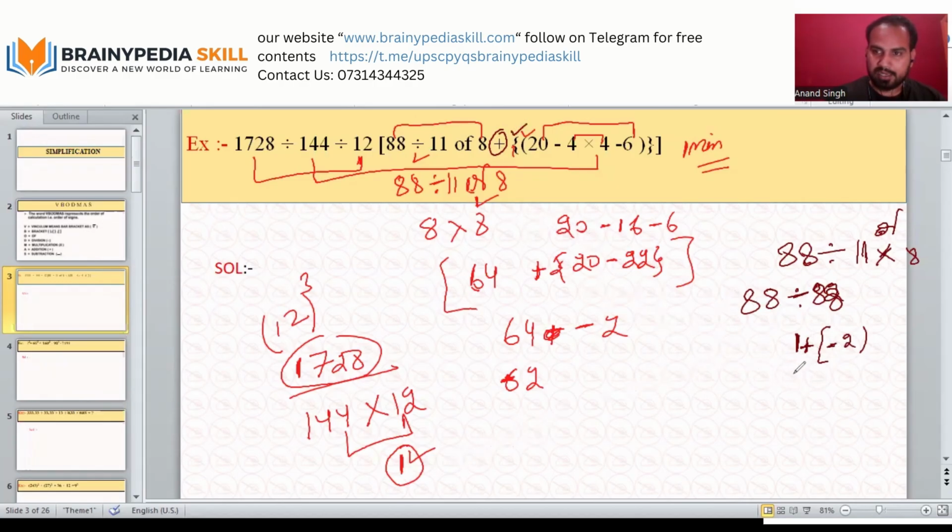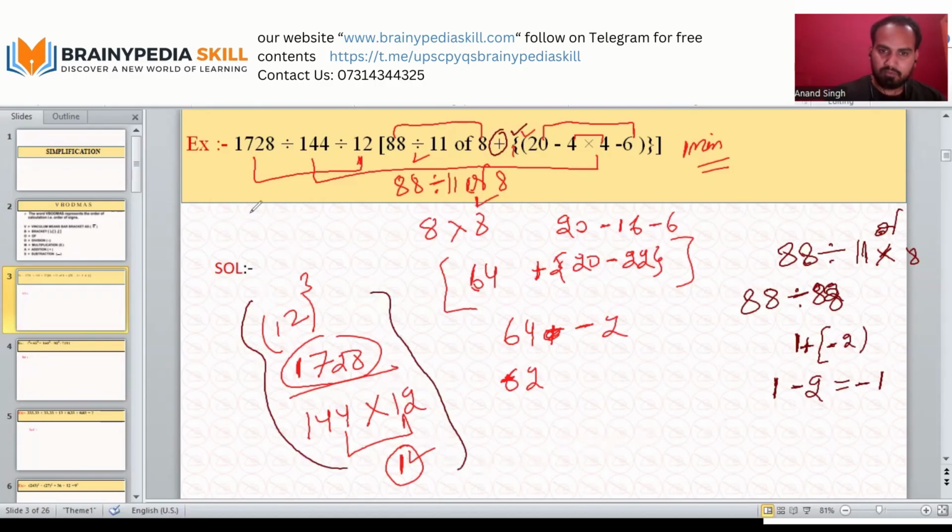After removing the curly brackets, we are going to have 1 minus 2, which results in -1, right? So from this particular part we have received 1, and I'm just talking about this particular bracket which we have done here. And again, it's a closed bracket, so it's going to be multiplied by -1. So the answer is going to be -1, right?